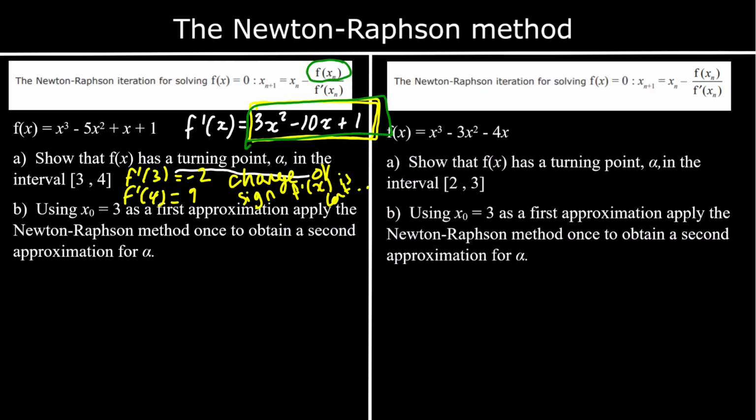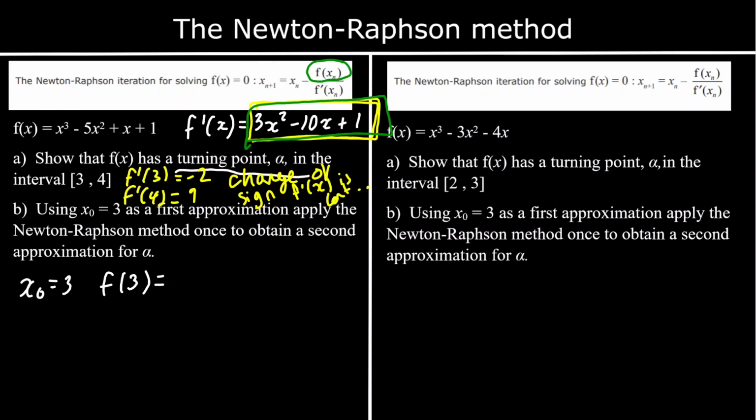So we want to know this time where the gradient function is equal to 0. So we have a first approximation as 3. I'm going to write f of 3, even though it is the gradient function. But for the purpose of our Newton-Raphson, this is the function we're working with.